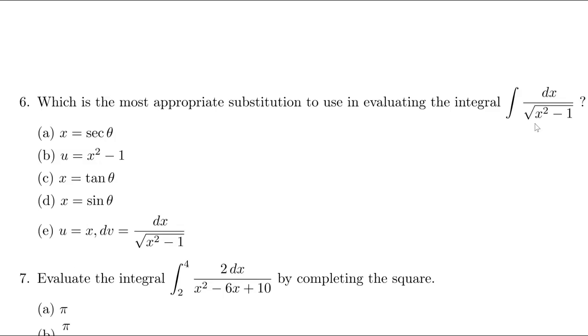Those identities are sine squared theta plus cosine squared theta equal to 1, and the other one is tangent squared theta plus 1 equal to secant squared theta. From there, you see which substitution you would have to use.